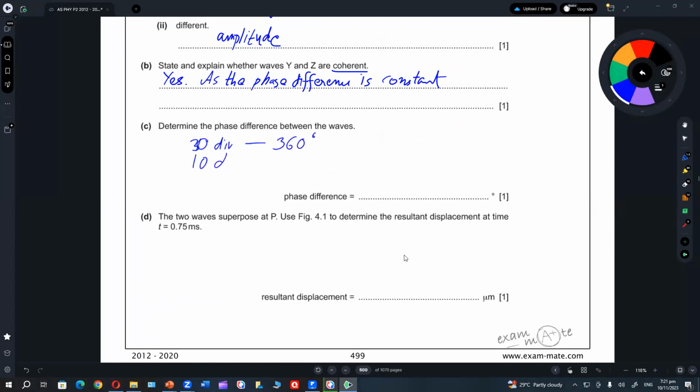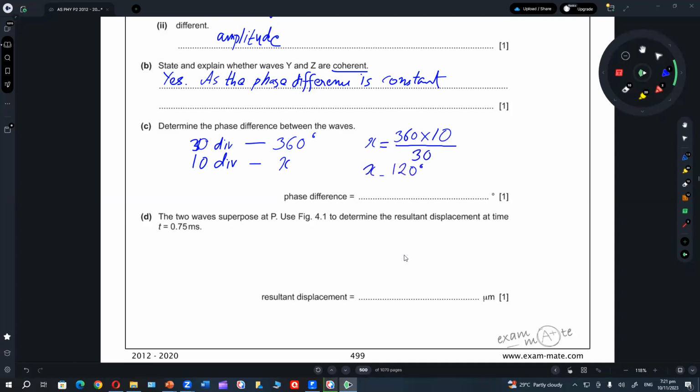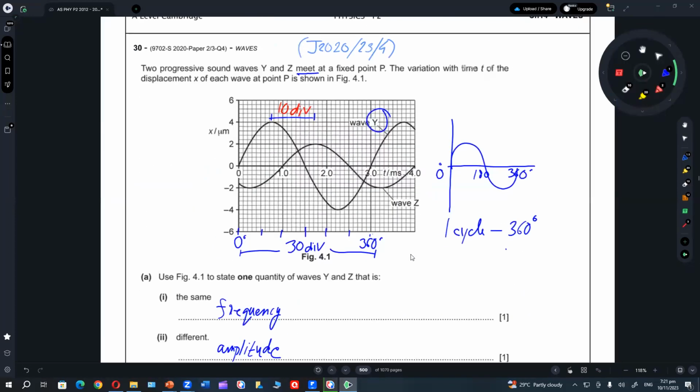So 10 divisions is x. X is equal to 360 into 10 on 30. Now this working is from here.